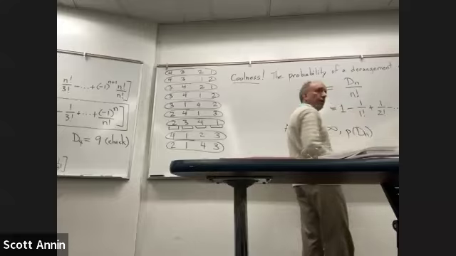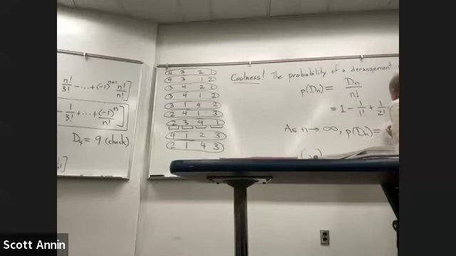The probability of a derangement would be the limit. Can I do limits in combinatorics? The limit as n goes to infinity of 1 minus 1 over 1 factorial plus 1 over 2 factorial minus ... and finally plus (-1)^n over n factorial, like so.